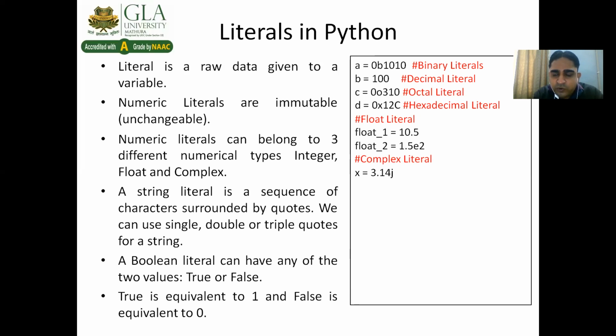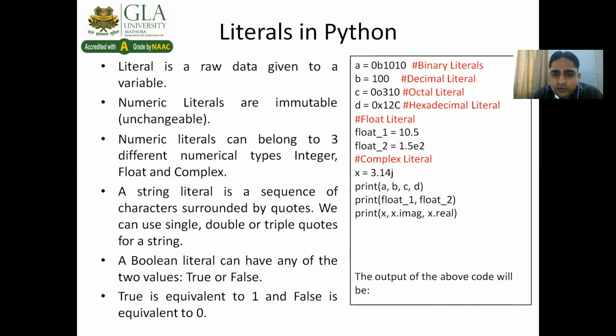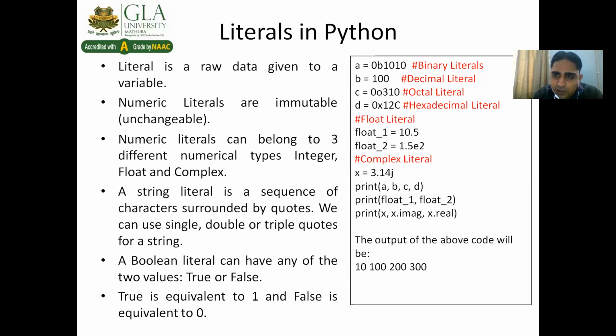Like in mathematics you were using i, here you are using j. So x equal to 3.14j is exactly a complex variable. If you are printing the values of a, b, c, and d, then the values would be like this: 10 is the value of a, 100 is the value of b, 200 is the value of c, and the value of d is 300. If you are calculating in decimal, then you will get it in this manner only.